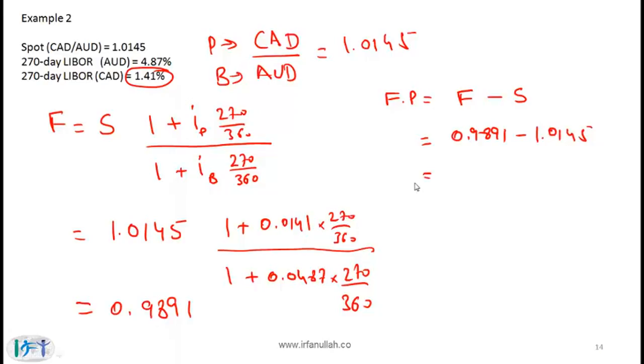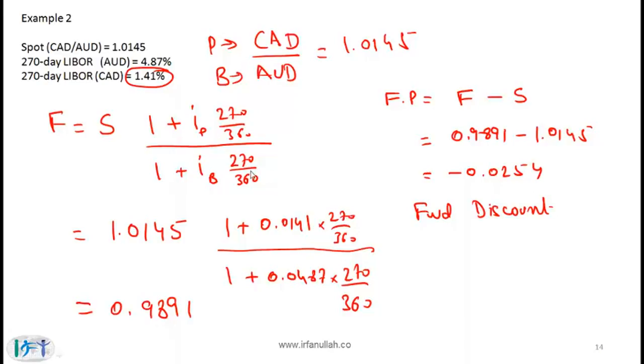So the forward premium is equal to minus 0.0254. When we have a negative premium, this is also referred to as a forward discount. So we can either say that the forward premium is minus 0.0254, or we can say that the forward discount is 0.0254.